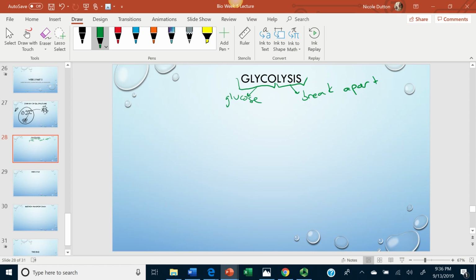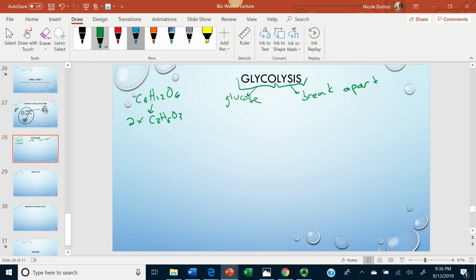So the process of glycolysis is literally ripping glucose in half. You're going from glucose, which has a molecular formula of C6H12O6, and you're producing 2 molecules of pyruvate, which is C3H6O3, literally breaking it in half.